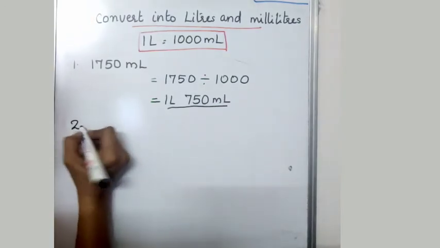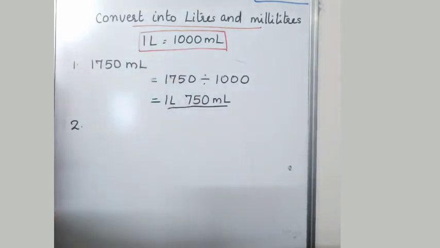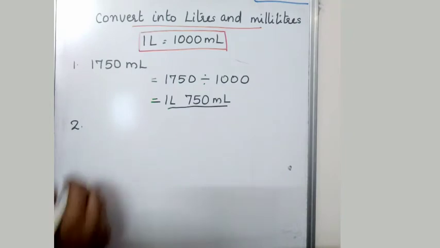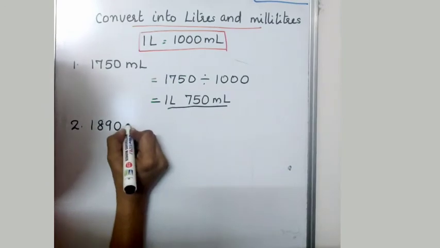Then second question. These are all the four equations you have to learn by heart. Okay. 1890 milliliter.